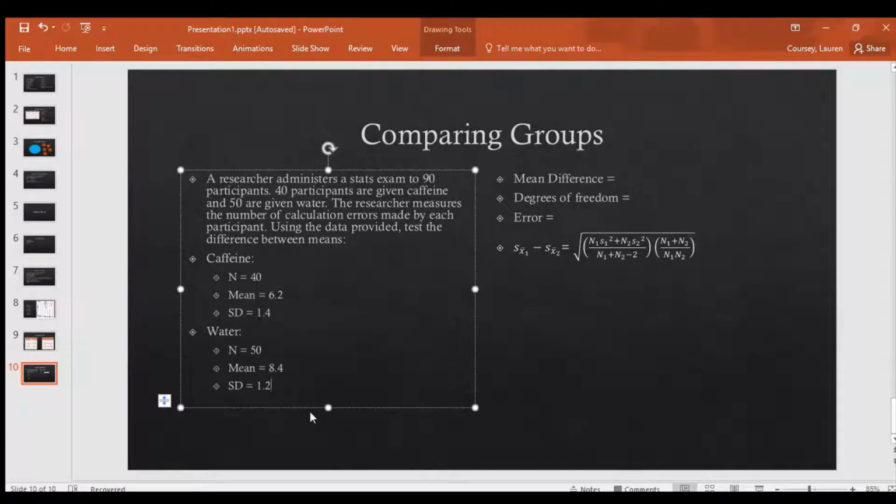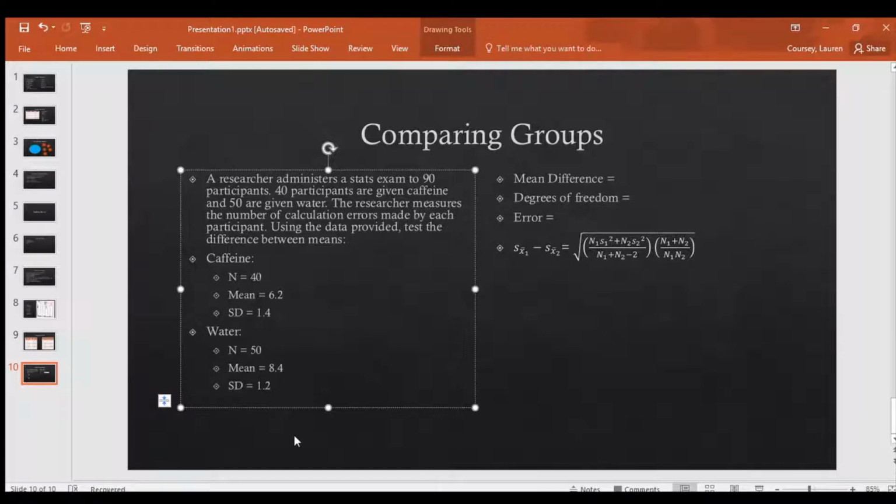The first thing that we'll want to think about is what is our research and our null hypothesis. Our research hypothesis would be that there is a significant difference between the caffeine group and the water group on the number of calculation errors made on the stats exam.